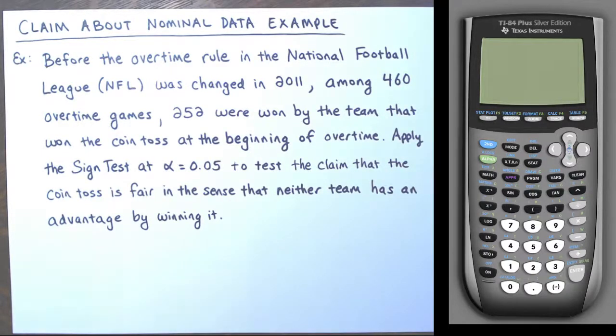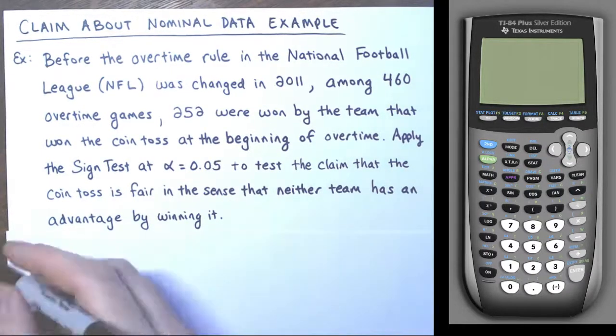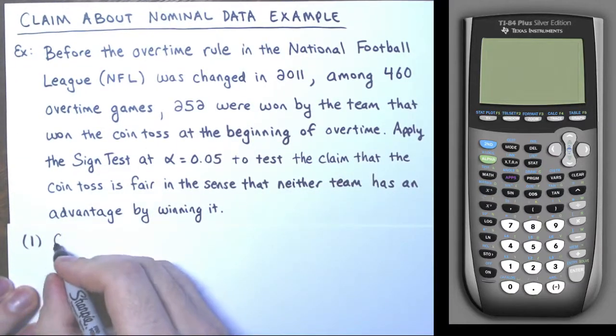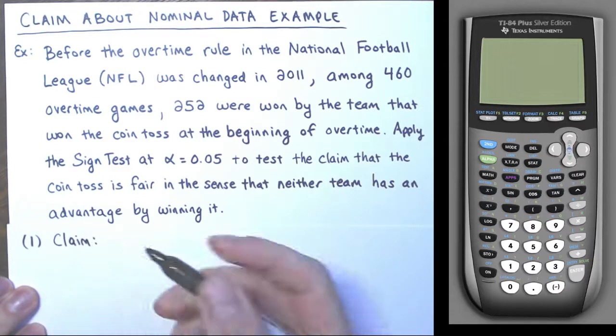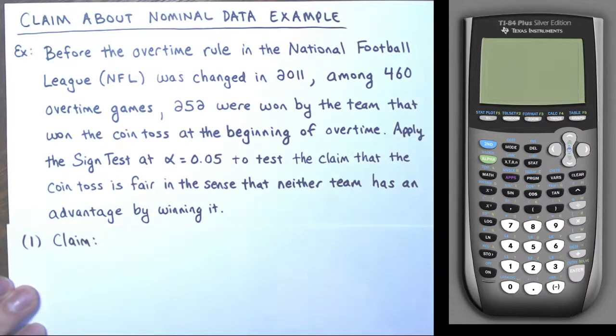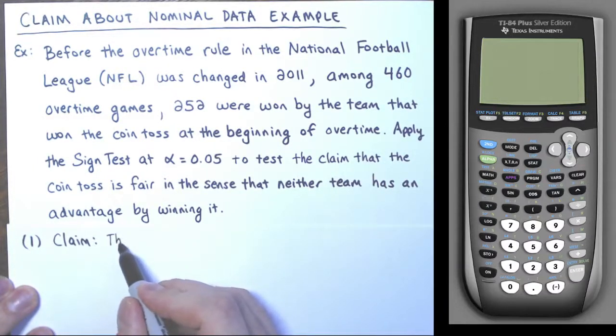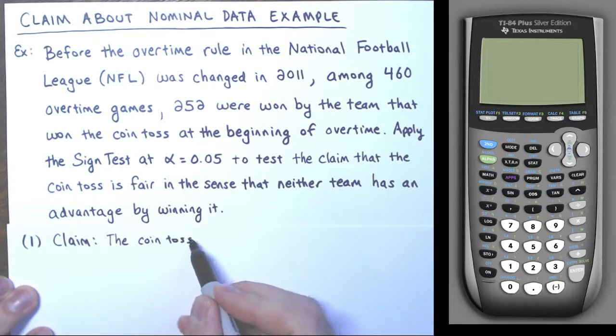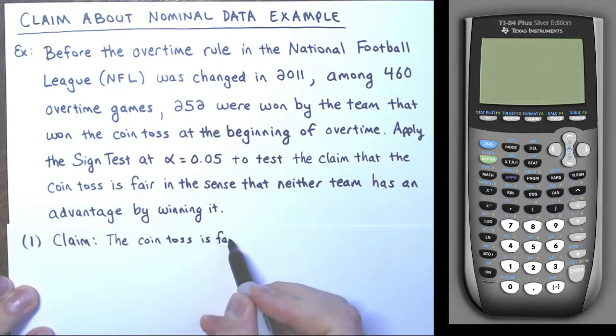All right, so this time again, same thing. I'm going to start off with my hypotheses. What's the claim? We'll start with the claim because you can't establish your hypotheses unless you know the claim or the hypothesis being tested. The claim is that the coin toss is fair. I'm just going to write that. Right? The coin toss is fair. Meaning winning the coin toss doesn't give you an advantage.